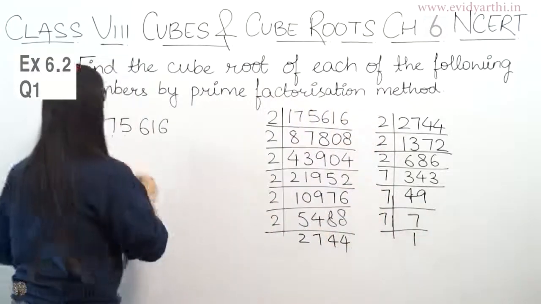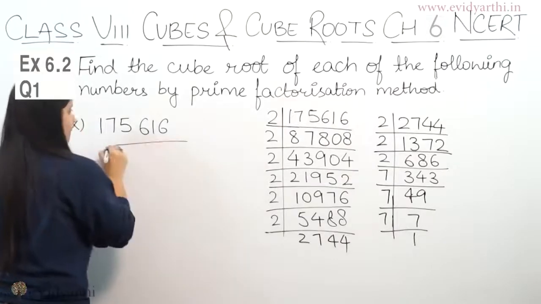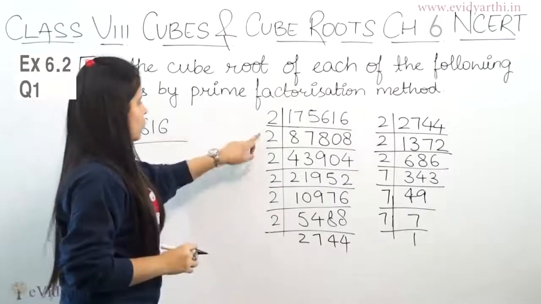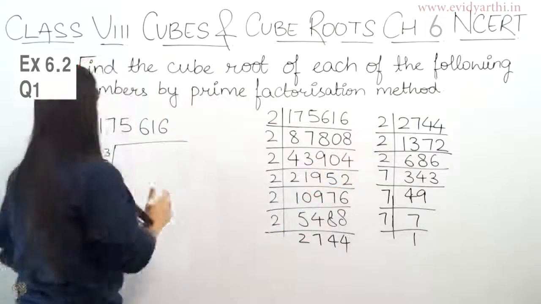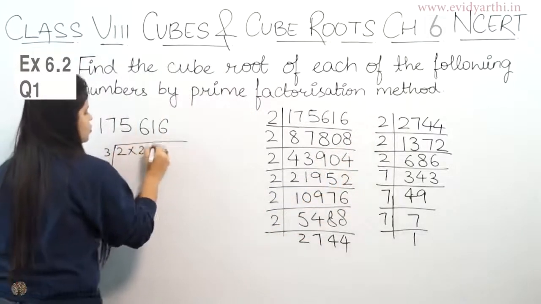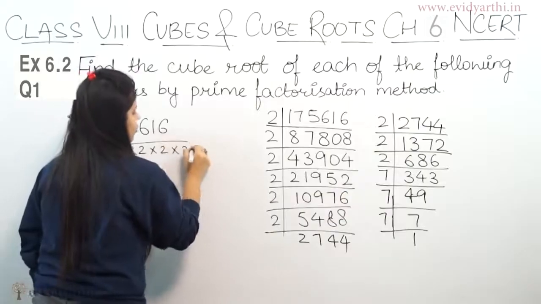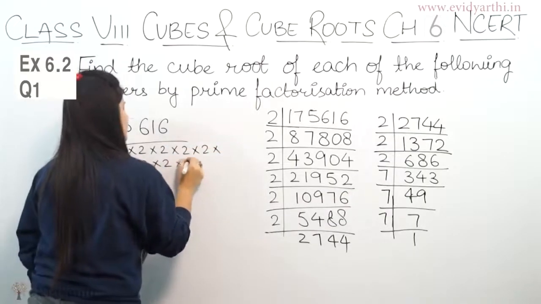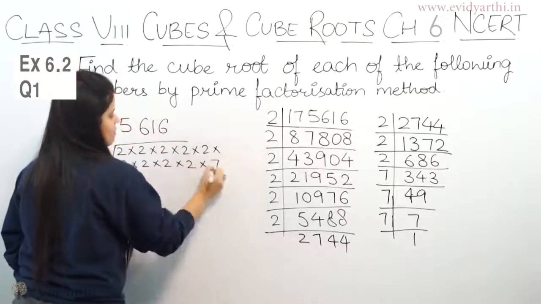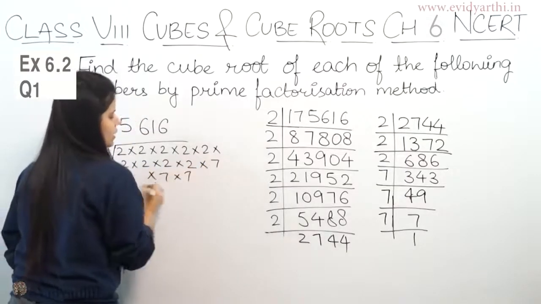So now let's write the factors. पहले 2 काउंट करते हैं. 1, 2, 3, 4, 5, 6, 7, 8, 9. So 9 times repeat हो रहा है. Then we have 7, 3 times.